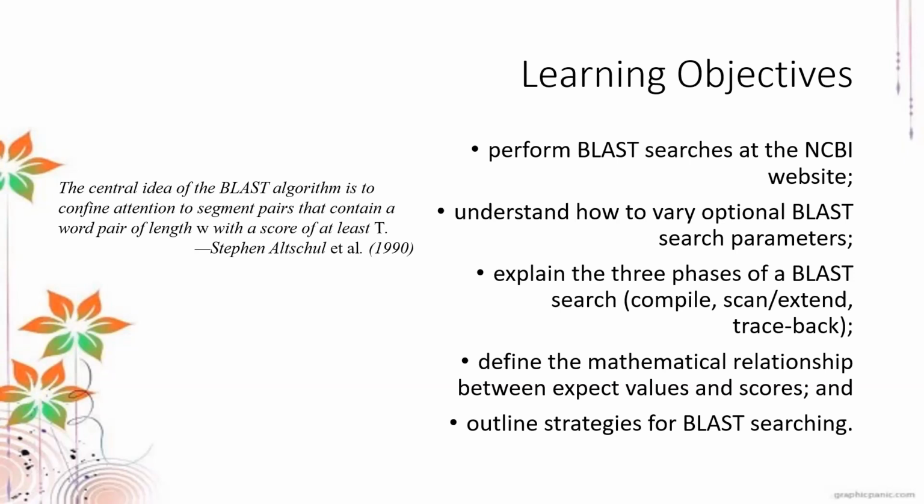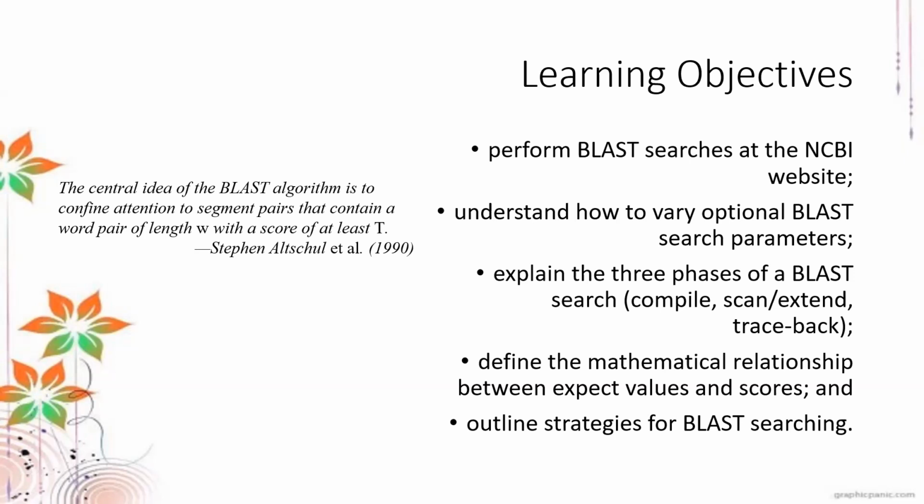So here are the learning objectives. We will learn to perform BLAST searches at the NCBI website and understand what those BLAST search parameters are. We will also learn what exactly BLAST is doing while we are waiting for our results. How does it run in the background, and basically the general flow of the algorithm.